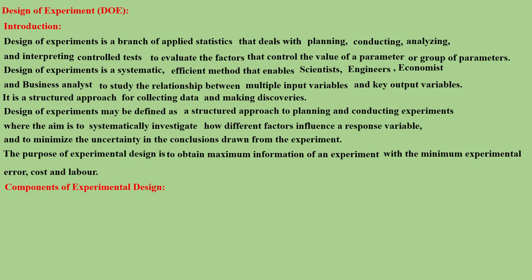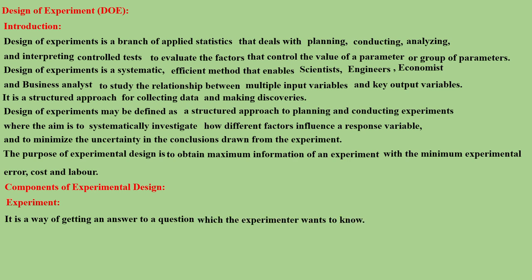Next we see the components of experimental design. An experiment is a way of getting an answer to a question which the experimenter wants to know. For example, in agriculture, the experiment is checking the yield and growth of plants.